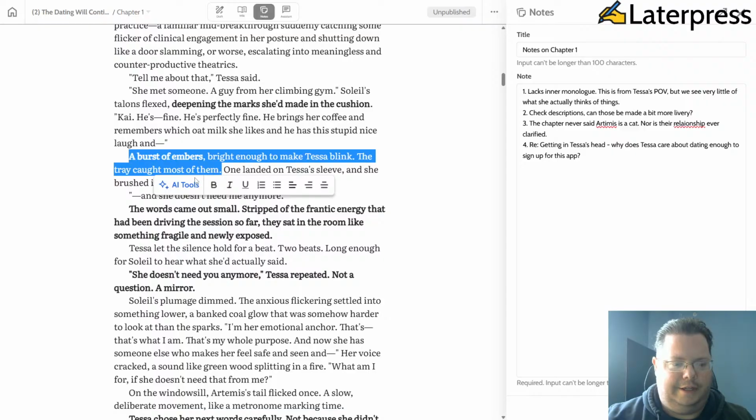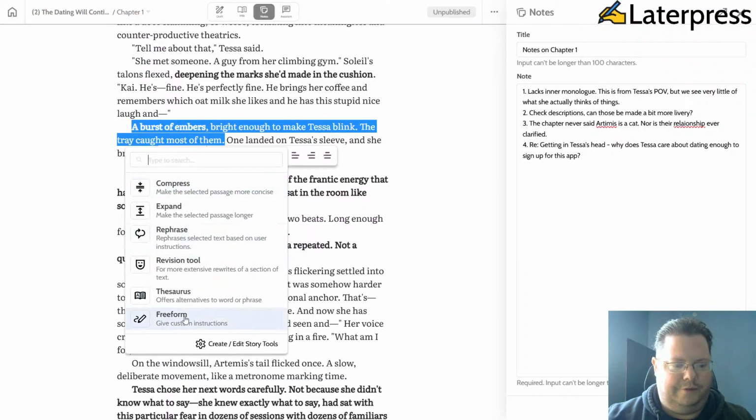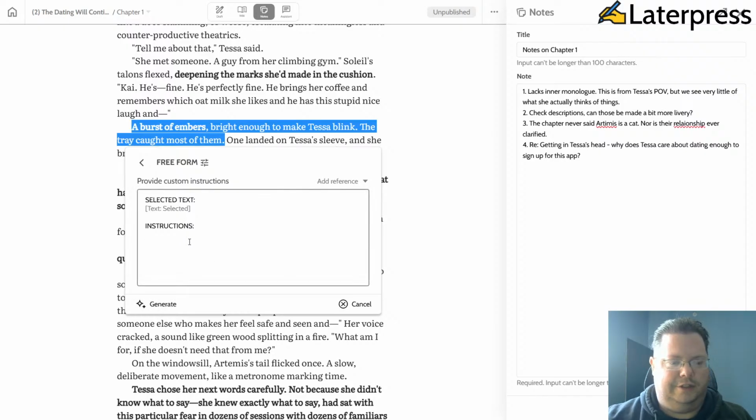So I want to try something very, very small. Let's go freeform, text selected, and now instructions. The selected sentence is about a phoenix.